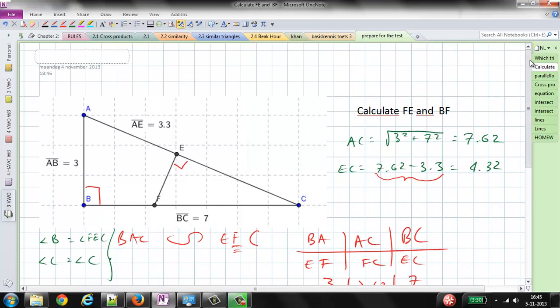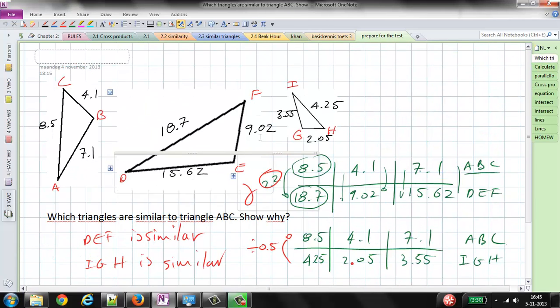I'm going to start at the top here. We talked about this. These are three triangles. Which triangles are similar to triangle ABC? That's what the question says. Show why. So I discussed this in class, and I said that really we started the chapter with this idea that if triangles are similar, then you can make a ratio table.